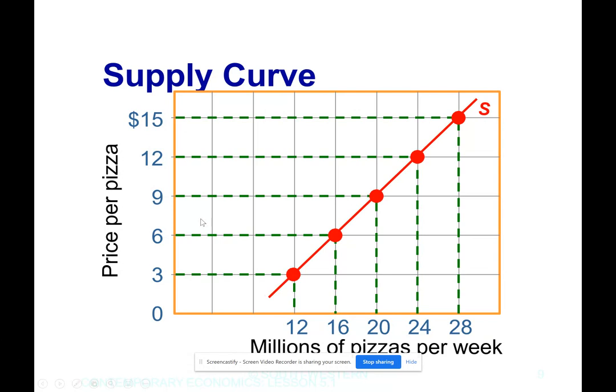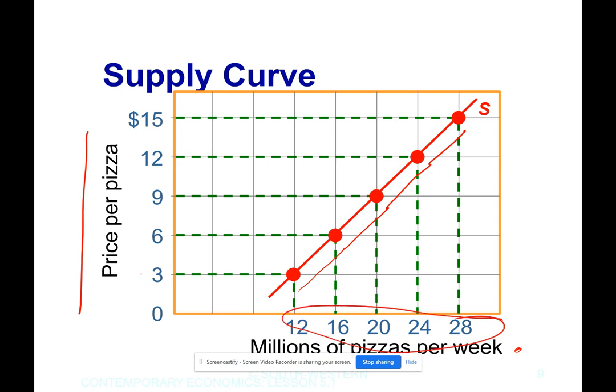So here's the supply curve. Here's the price per pizza on this end, and millions of pizzas per week, right? The number of pizzas made per week is down here. You see how this climbs as the price for pizza goes up and up, more and more is made down here, right?